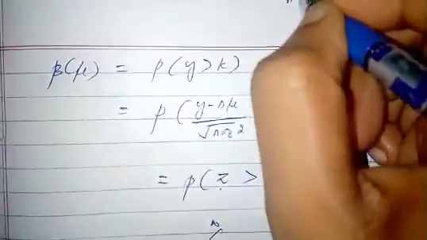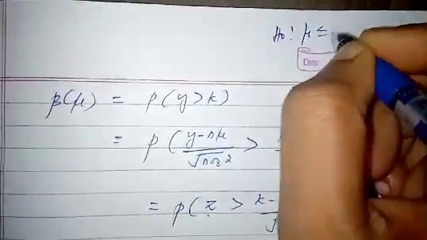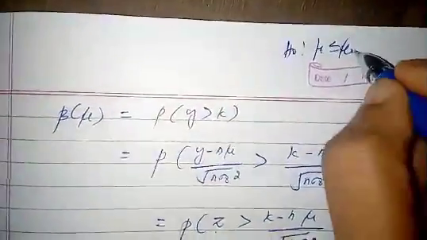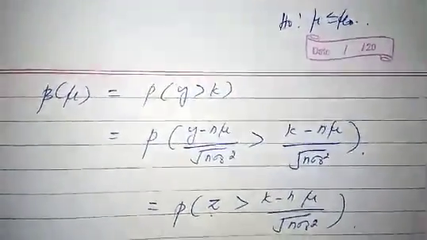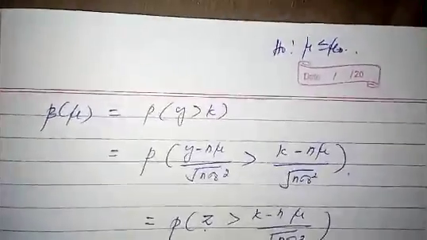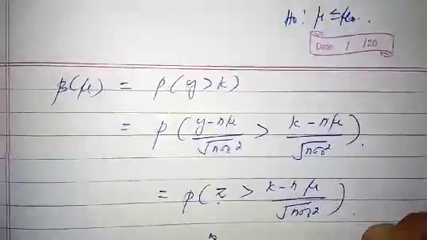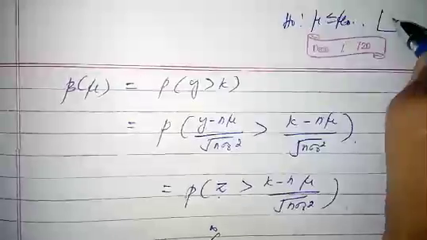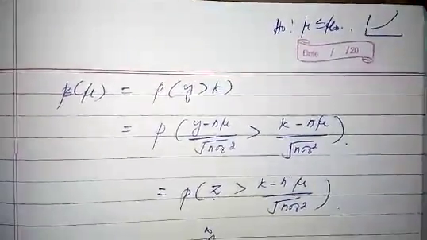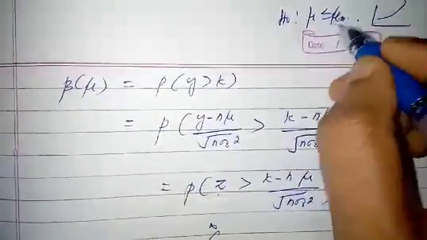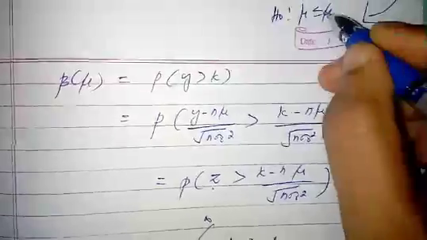What is H naught here? Given that H naught is mu less than or equal to mu naught, right? And here we obtain that beta of mu is a non-decreasing function, which means it's an increasing function, alright? So here the upper limit is mu naught.